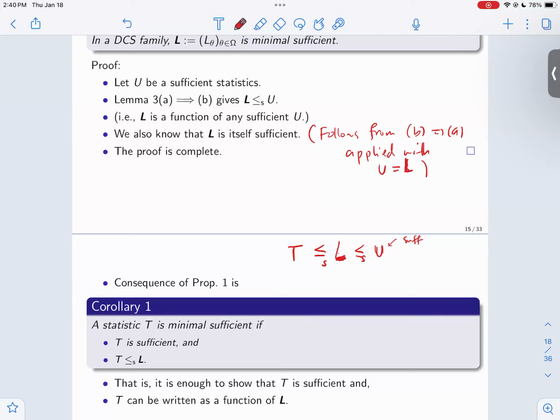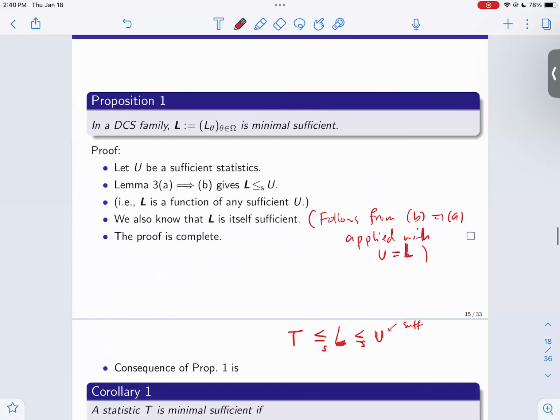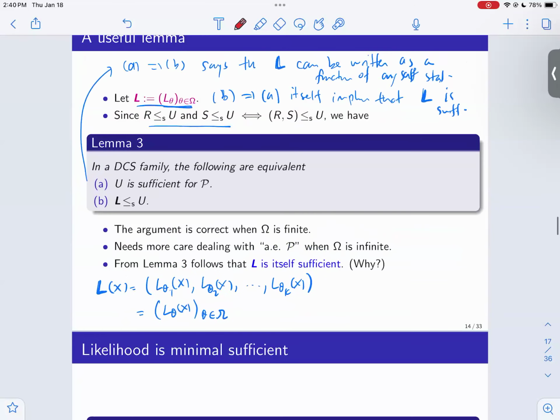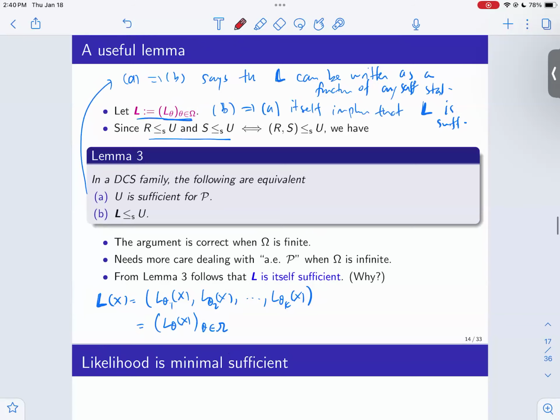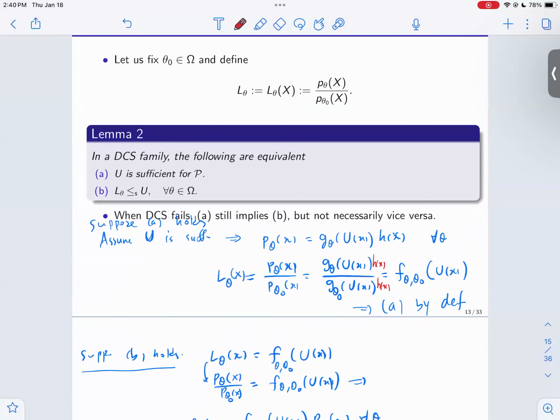Yes. I'm sorry, in corollary one, is L just an arbitrary statistic? No, L is this quantity, this particular likelihood ratio. L is going to be the likelihood ratio collected across all thetas.